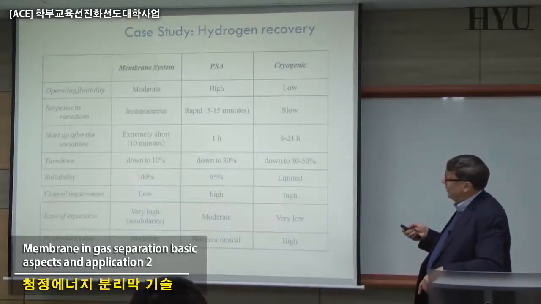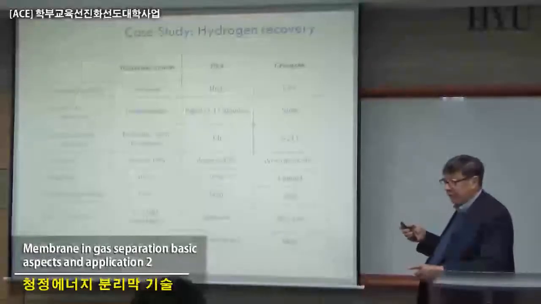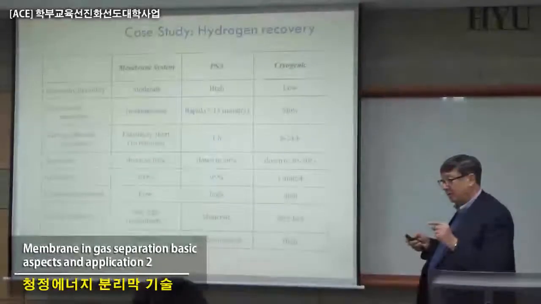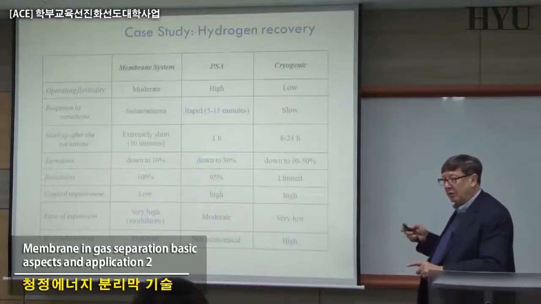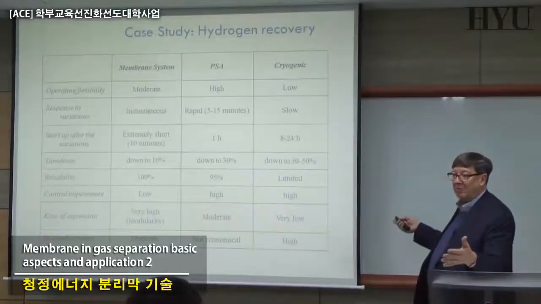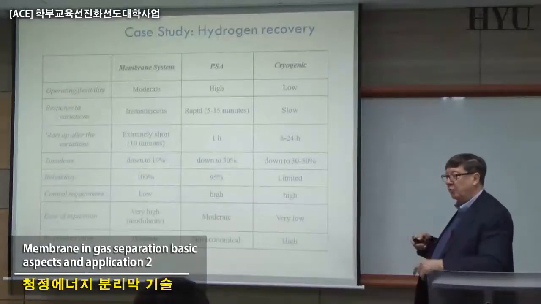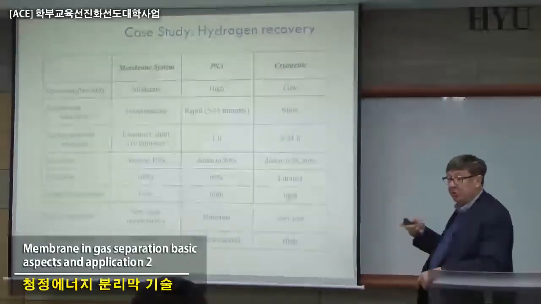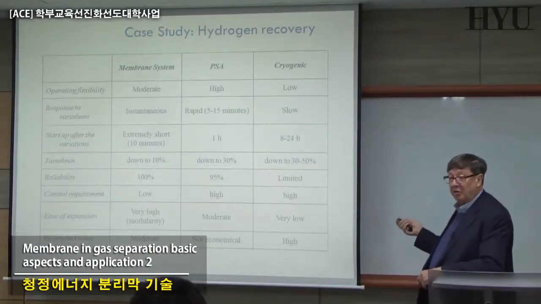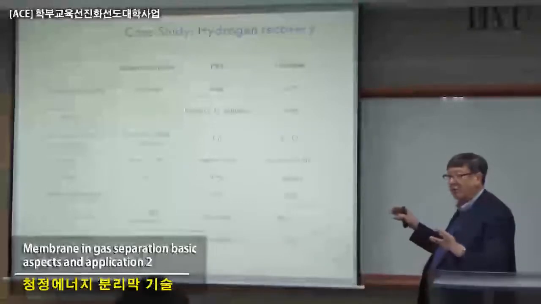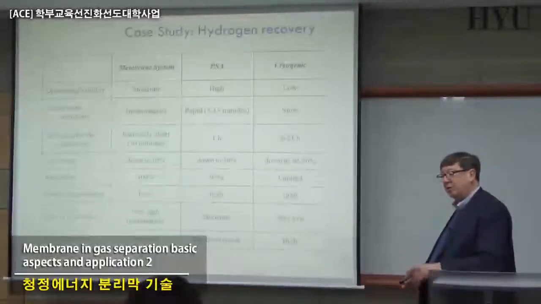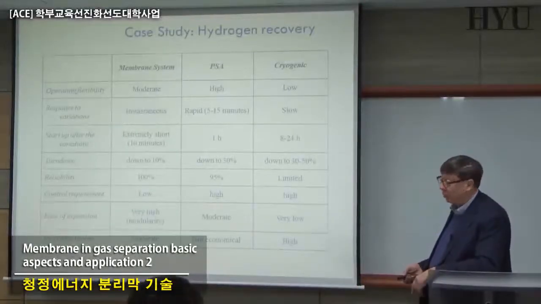For example, in most gas separations, there is not a winner. There is a winner depending on the size of the plant, or depending on the level of purity of the gas you want to separate. But it's not a dominant winner as we have in desalination, for example, of seawater.